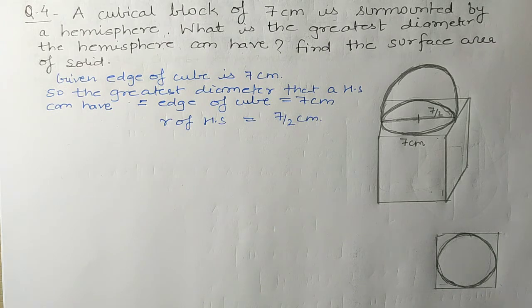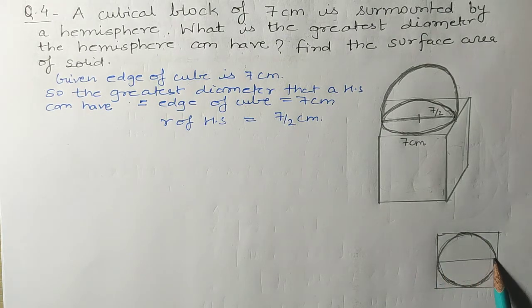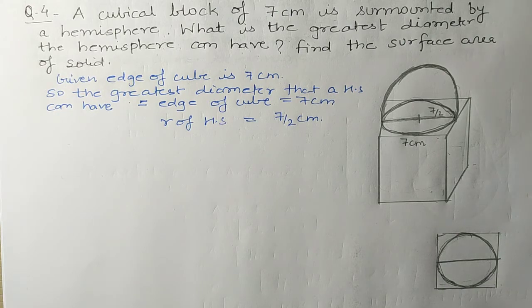Like a top view of this figure, the circumference of this hemisphere is like this. So the maximum diameter this hemisphere can have will be equal to the edge of the cube. So this is the top view of this figure.